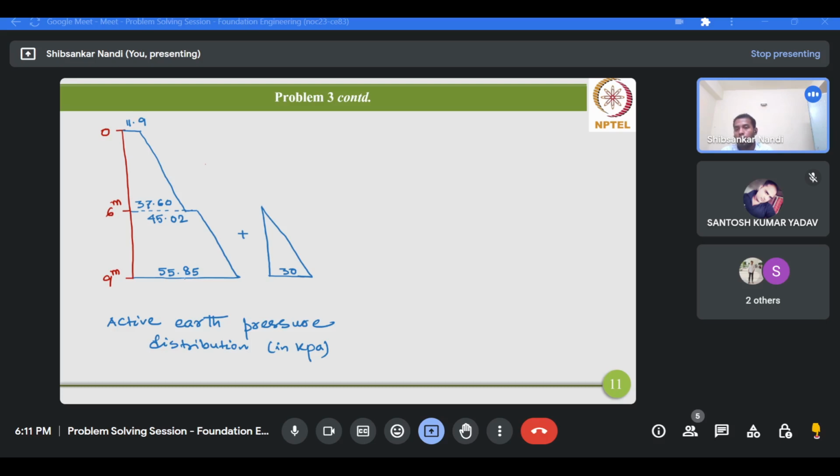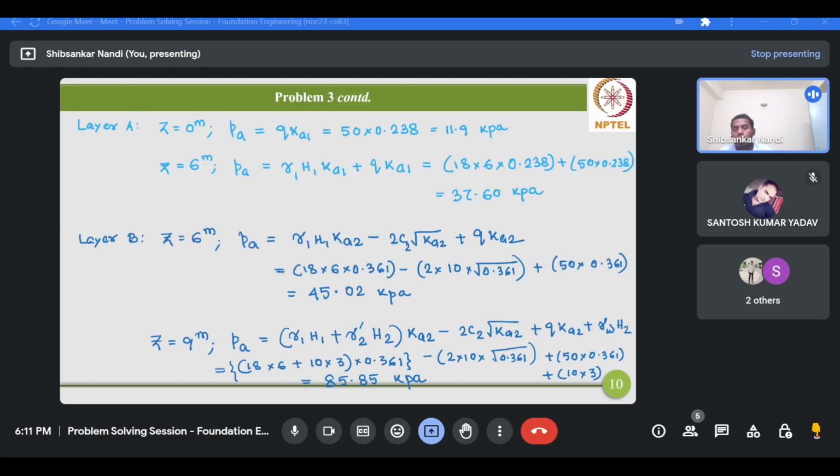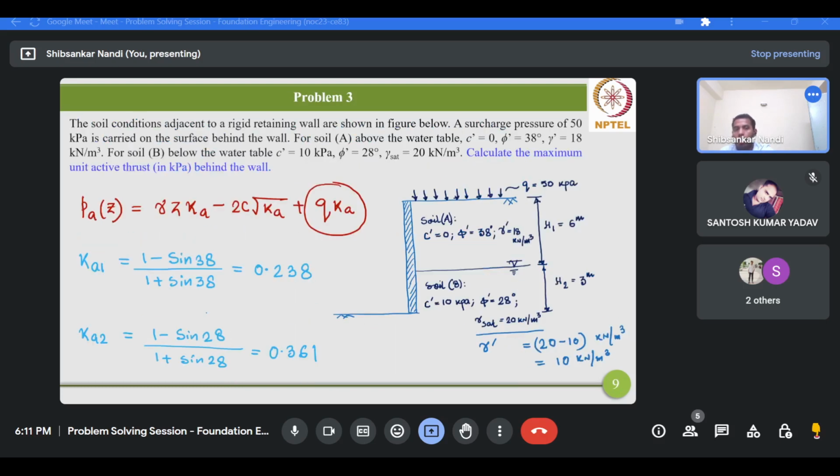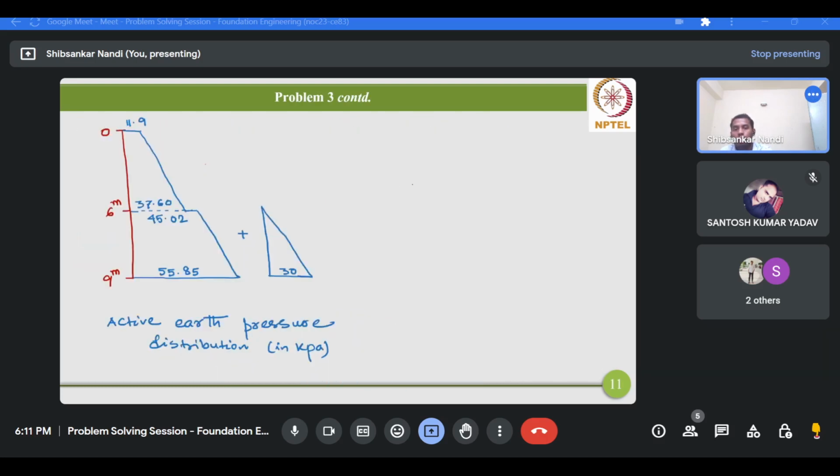So 55.85 plus 30, so as a whole 85.85 will give you the maximum unit active thrust on the wall, and that is asked in this problem. So calculate the maximum unit active thrust behind the wall. So that will be 85.85.